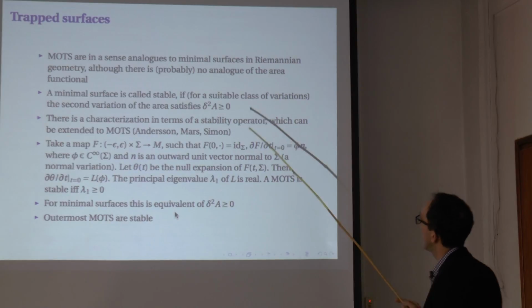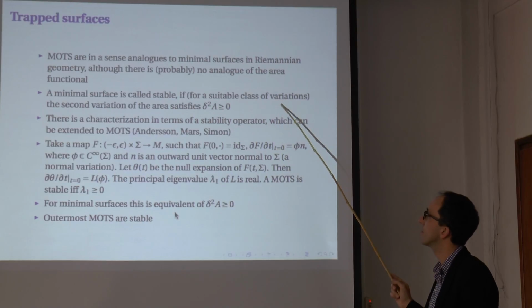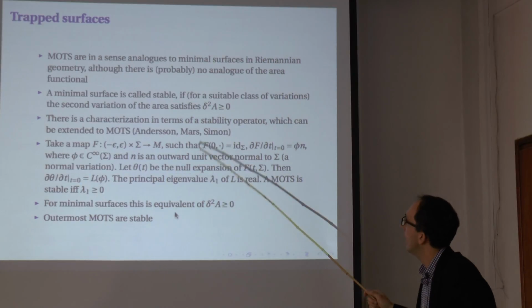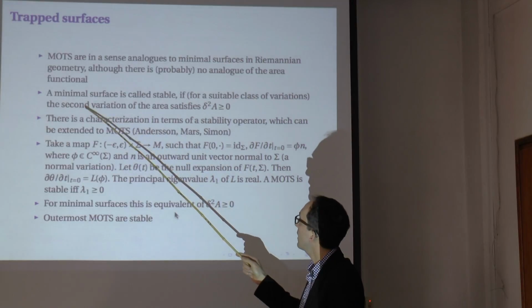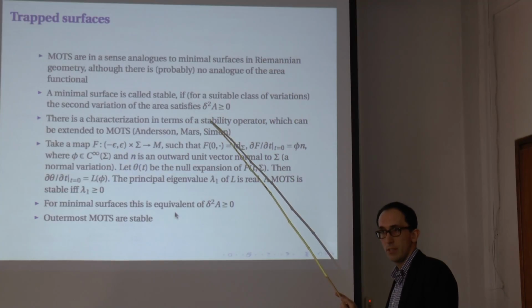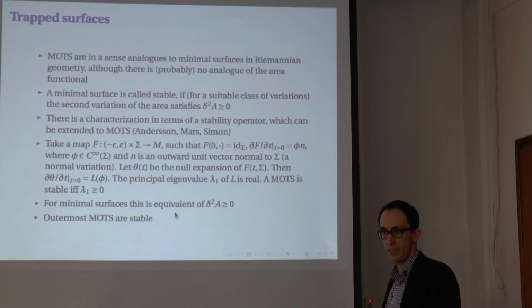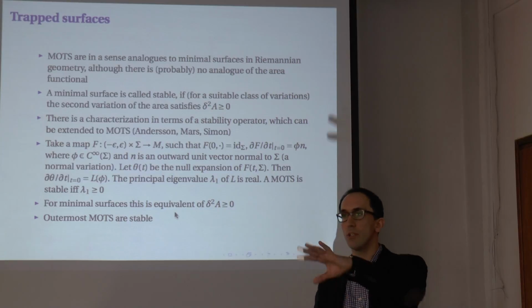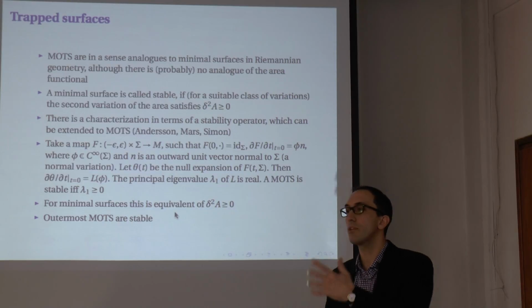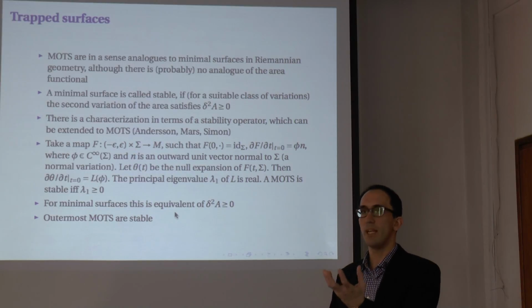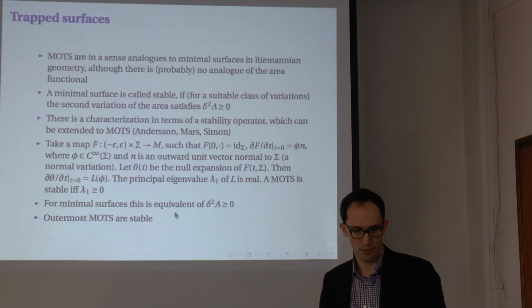You consider a suitable class of variations of the surface, you deform it. And if the second variation of the area is positive for a given surface, then you say that it's stable. The first variation is 0. It's a minimal surface, and if all local deformations increase the area, that means that you really have a minimum, and that's referred to as stability.